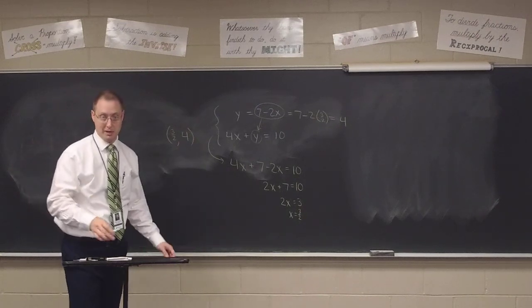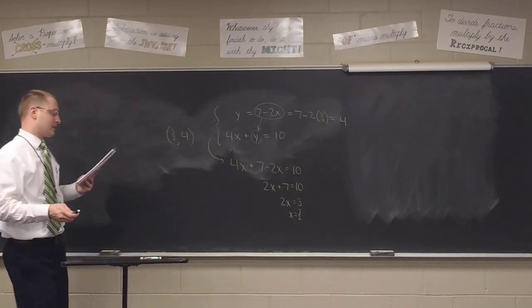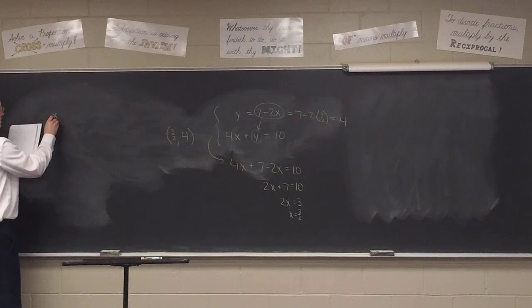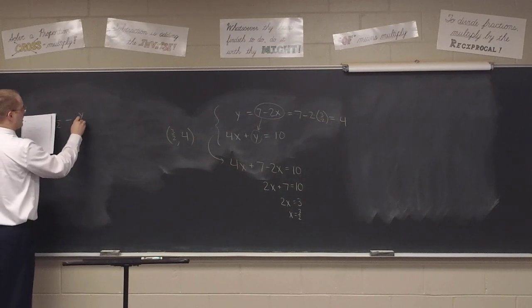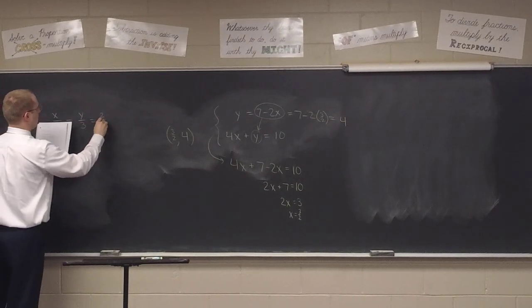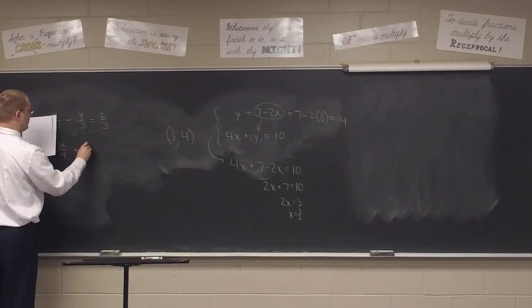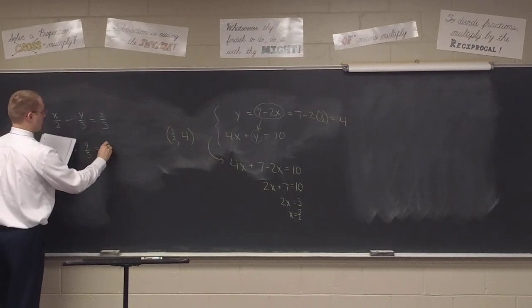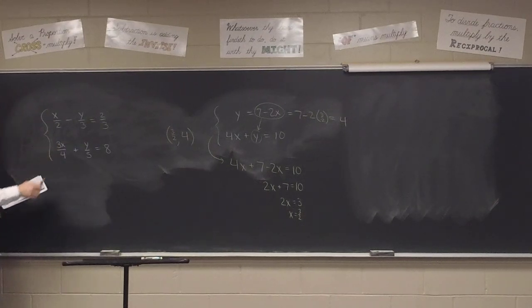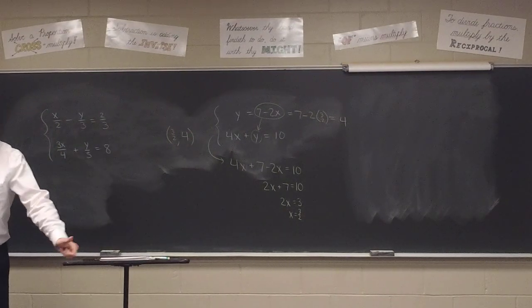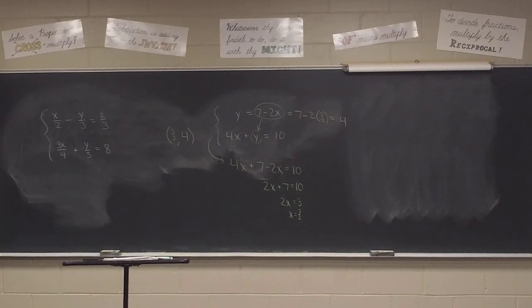The substitution method. It is also possible, in fact probable, that on the test tomorrow, you'll have a system that is just plain ugly. And while you can hate the fact that it's ugly, you still have to solve the system. What would I do in a case like this, Brecken? Good. Separate LCDs, though, right?